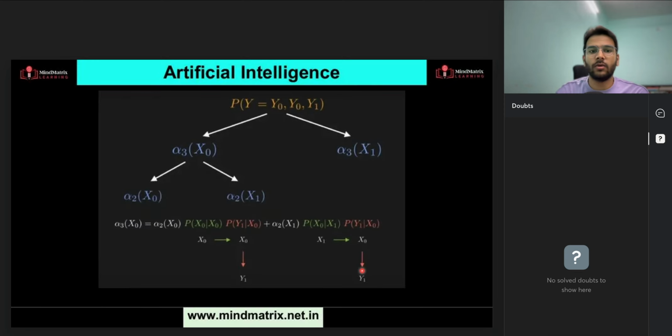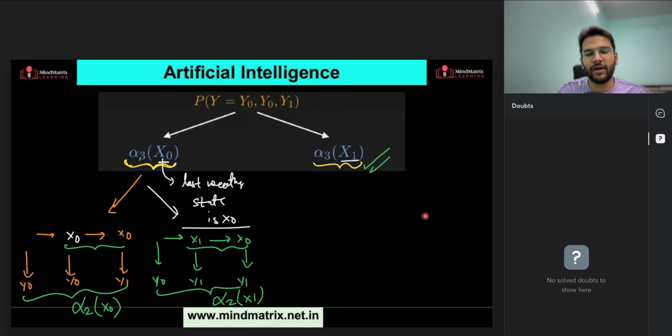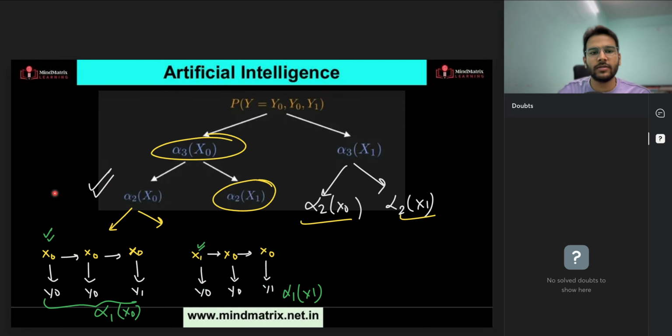Correct? So, how we can write this alpha 3? So this alpha 3 of x0 will be equal to what? Carefully understand this. Let's try to find out. Can I say it will be equal to alpha 2 of x0 multiplied by what?